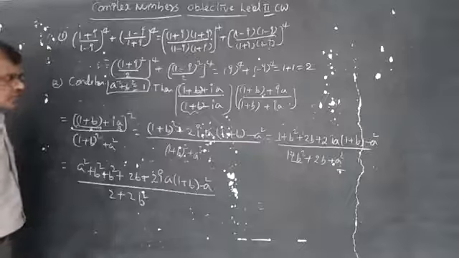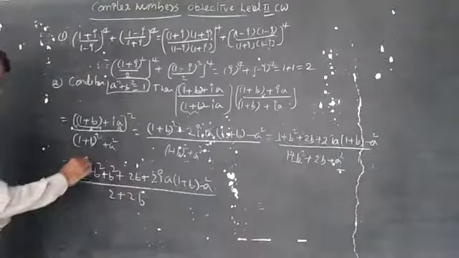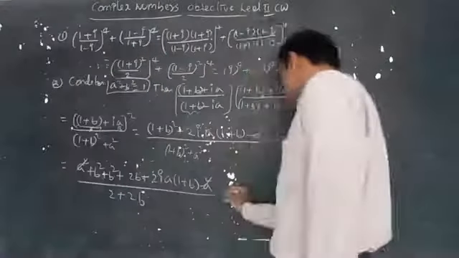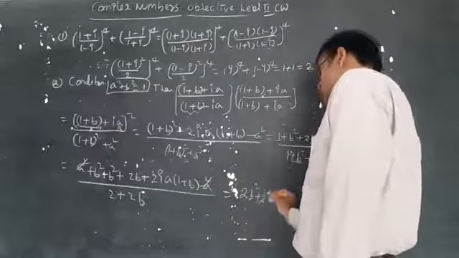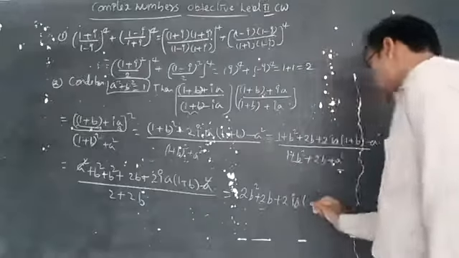So this is 2 plus 2b, not square. Now a square minus a square gets cancelled. 2b square plus b square unite to 2b square. So this is 2b square plus 2b plus 2ia into (1 plus b).